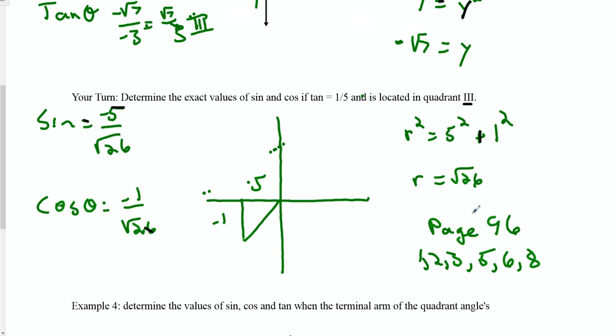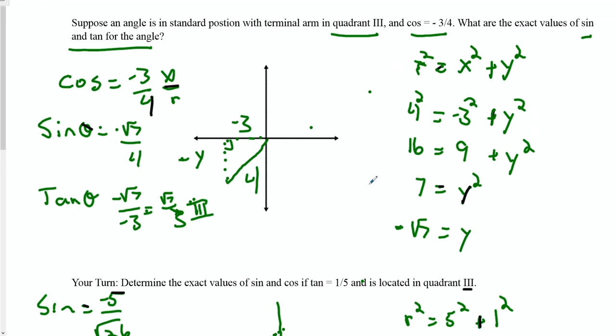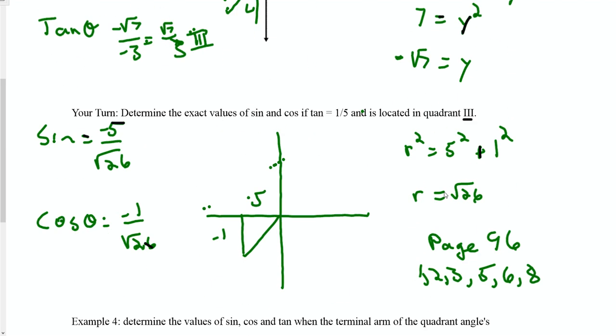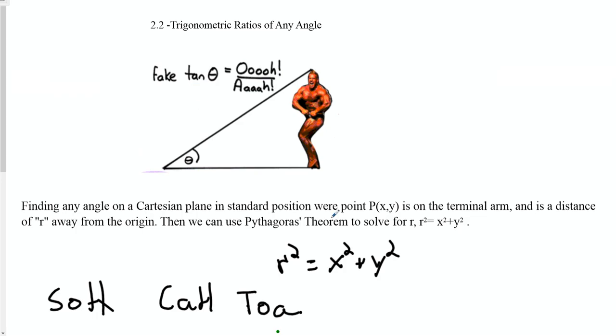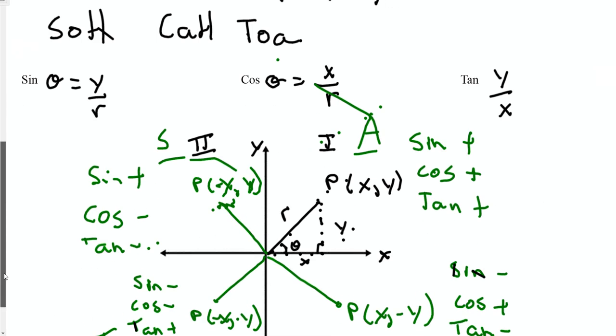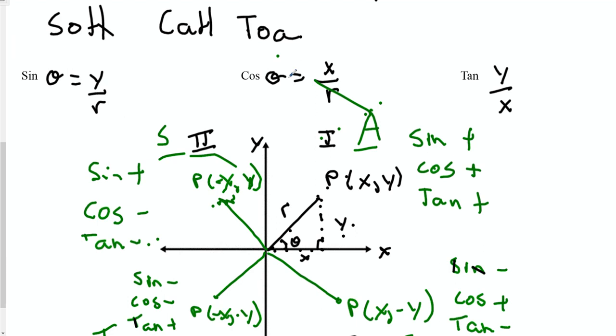Otherwise, good luck. And remember, the big thing to take away from all this is that your trig values are all just going to be x over r, y over r, or y over x. So remember, you find your r through Pythagoras.